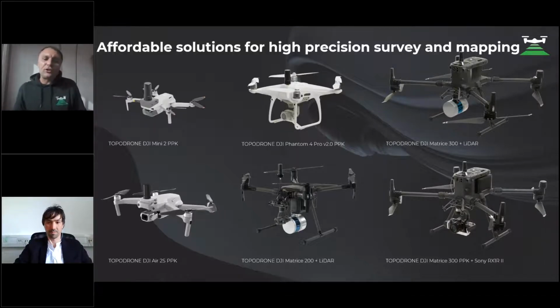And within 3 years, we expanded our products from Phantom 4 Pro, which was our first solution, to Mavic 2 Pro, Mavic Mini, DJI Air 2S, and of course we have a solution for enterprise drones like DJI Matrice 300, DJI Matrice 200, and a lot of users all over the world are using our equipment right now.